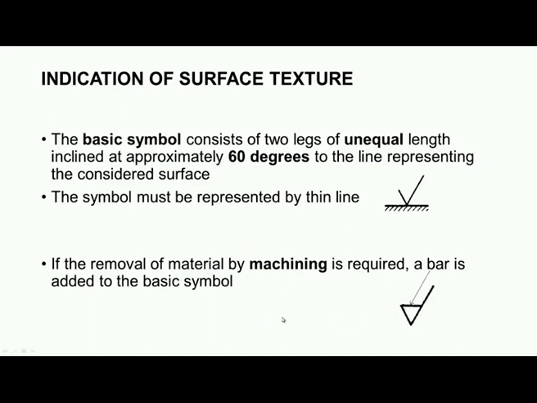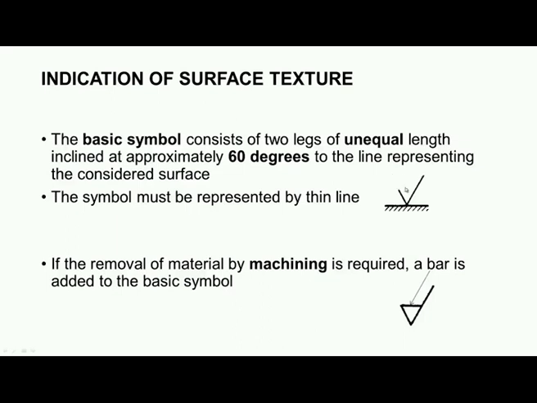Now after understanding the basics of surface finish and how to produce the finish, we will understand how the finish surface texture is indicated on the technical drawings. Now you can see here we have two lines separated by 60 degrees, one longer line and one shorter line.